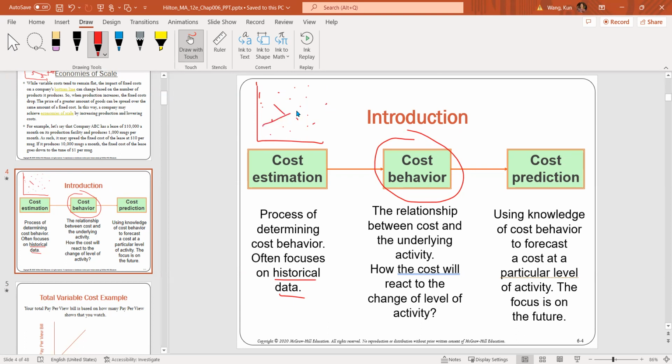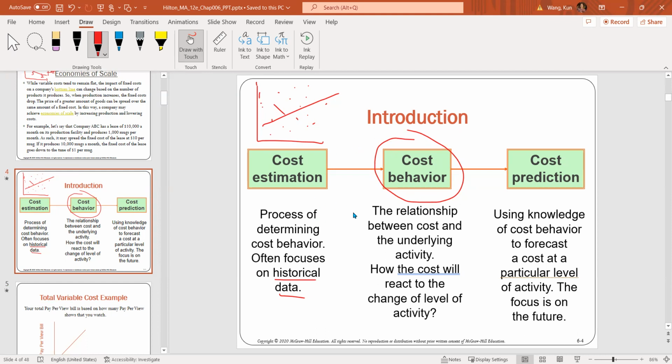For example, with a mixed cost, we separate the variable cost and the fixed cost from the overall cost pools or data pools. Okay, so those are the techniques we are going to talk about in this chapter.